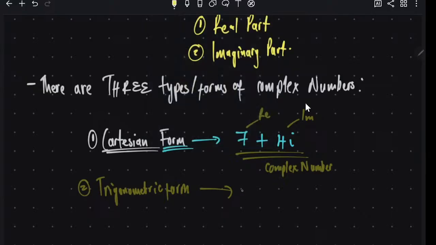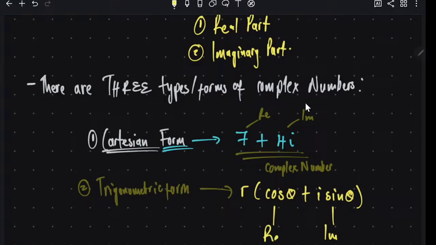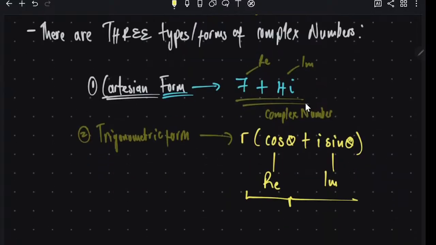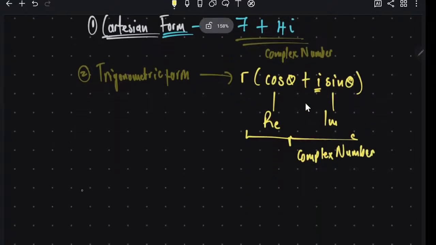You put an R outside, then inside you say cos theta plus i sine theta. Okay? This is obviously the imaginary part, and this is obviously the real part. And together, what you have is a complex number. This is also a complex number? Yes. What makes it complex? It has an imaginary part with i, then it has the real part without i.